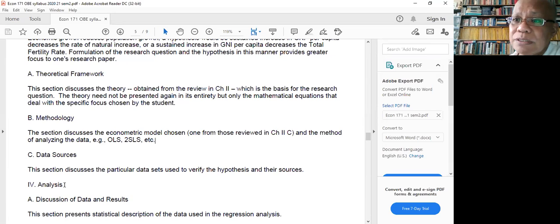Fixed effects means that you fix the regression such that you consider whether the fact of the country matters or not. Pag random, that means most of the variation is random. It has nothing to do with the specific country or income class.